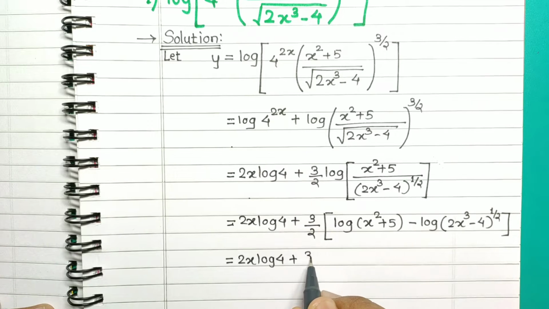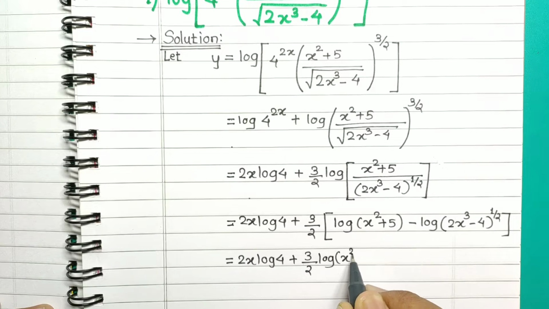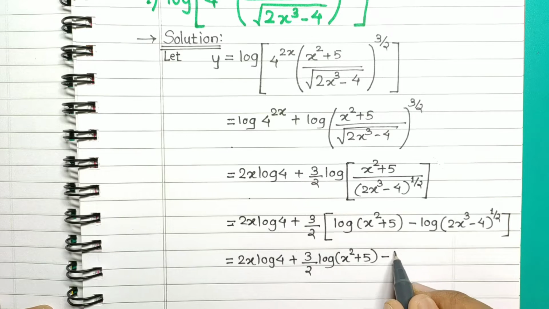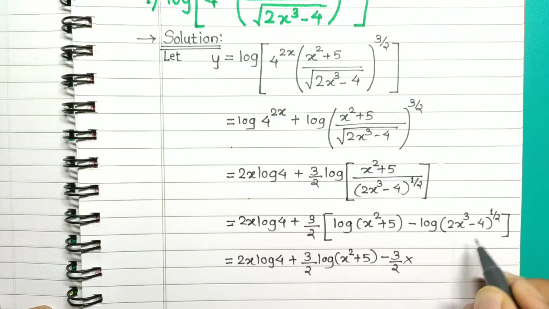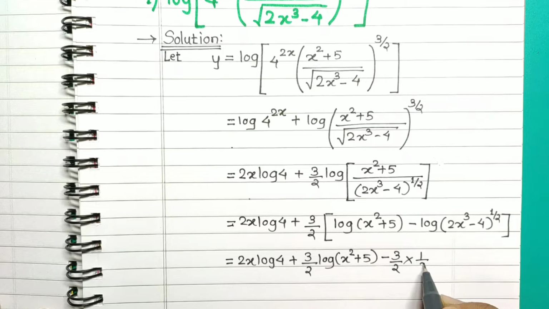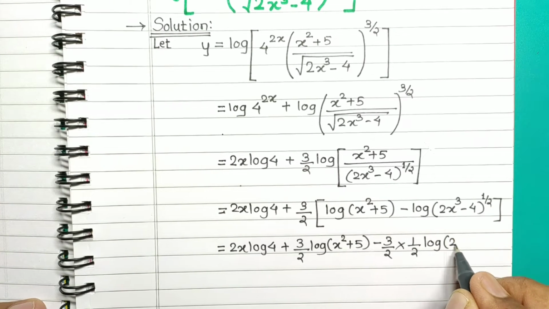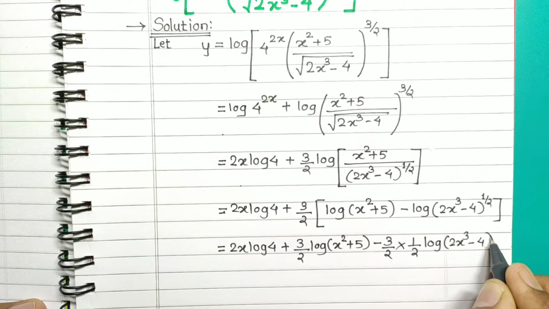So 3 by 2 into log of x square plus 5 minus 3 by 2 into, this power is going to multiply the log, so half into log of 2x cube minus 4.